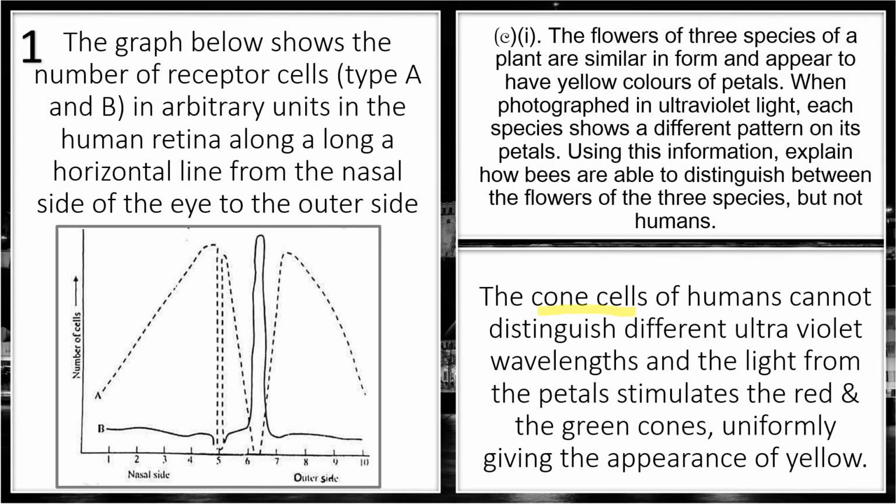The cone cells of humans cannot distinguish different ultraviolet wavelength, and the light from the petal stimulates the red and green cones uniformly, giving appearance of yellow.